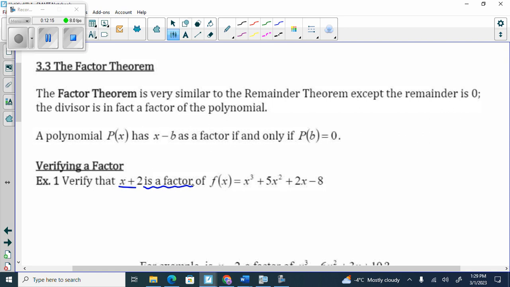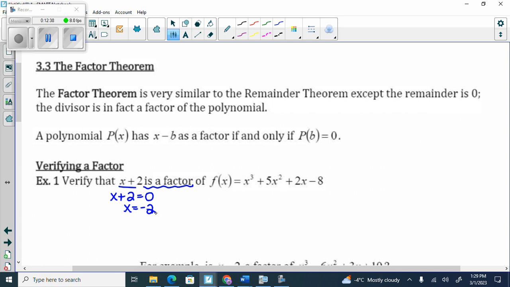Says it right above it. 0. If you get a 0, it's an x-intercept. Therefore, x plus 2 is a factor. Because x plus 2 equals 0 would give me x equals negative 2. If I put negative 2 in and I get a y out of 0, it's an x-intercept, which means x plus 2 is a factor.